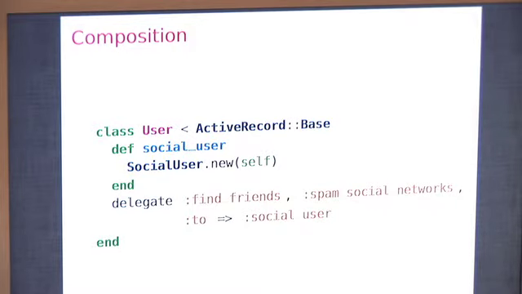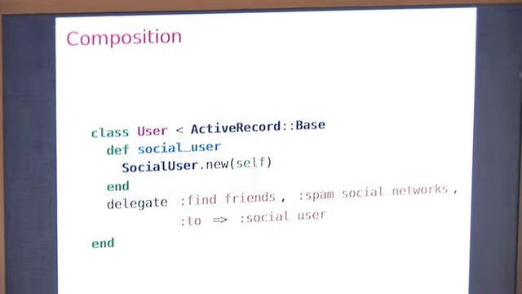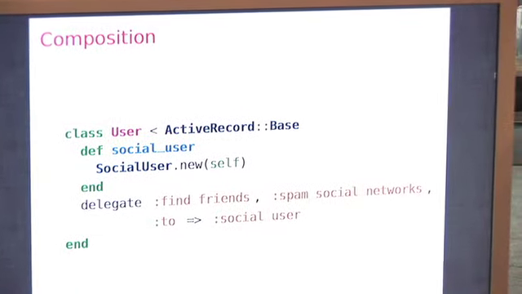Then, in our user class, we create an accessor for this social user, which will generate it. It'll create a new social user. It'll pass in self, so it'll basically pass in the user object as the data object for that social user, and then if it wants to expose those abilities directly, it can just delegate down to that object.